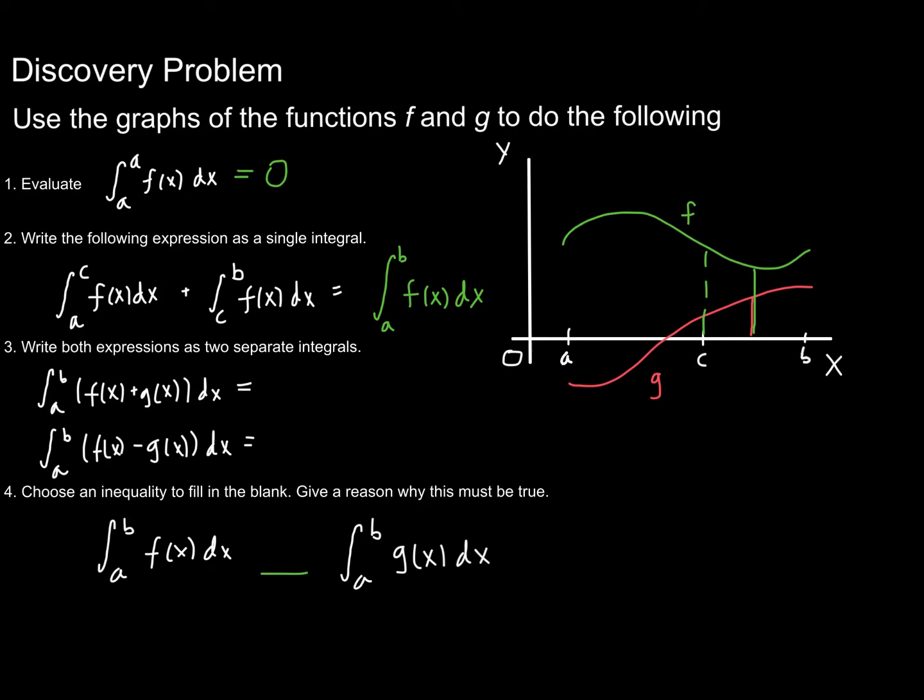All right, for these second two, what I want us to do is take a look over here. If you consider what occurs when you take the function f and add the function g to it, your y values are just going to be added on top of one another. So if we consider this point right here, if we imagine what f plus g will look like, well, here's f, and then if we add g, it's going to go up here.